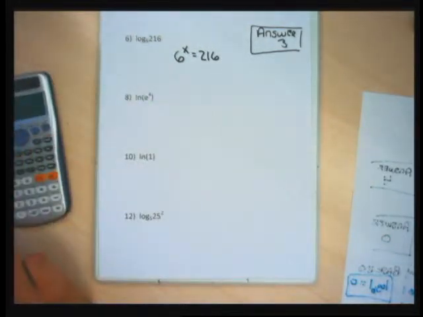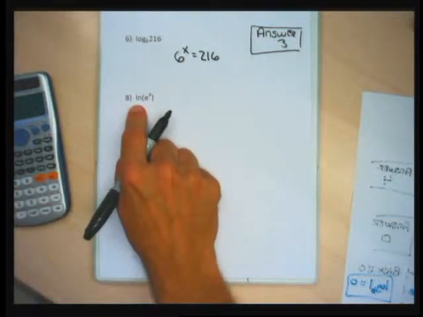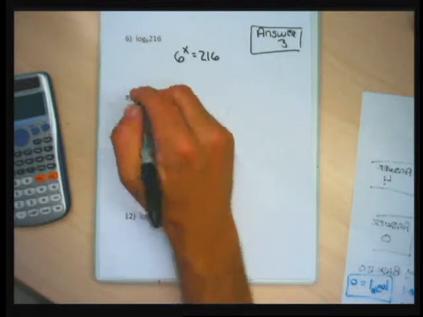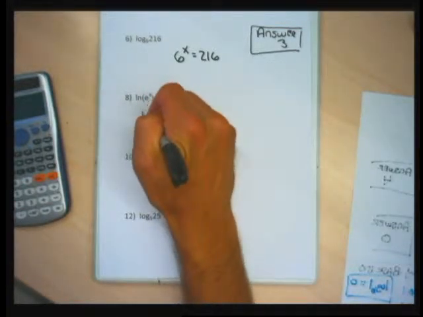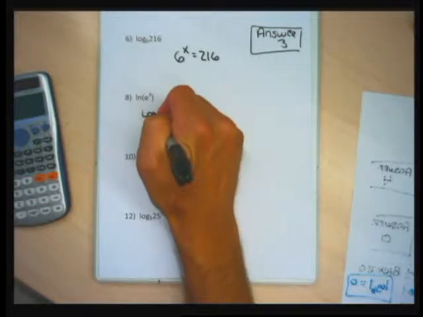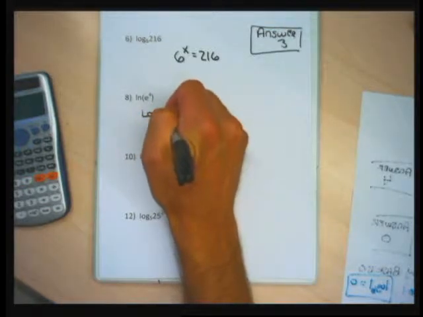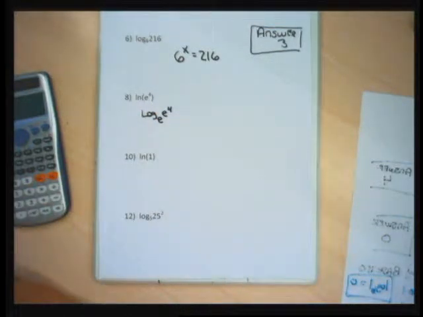If I was doing number 8 by hand, I'd have to think of the problem in its non-shorthand form. ln is a desirable form for writing because it's less to write, but because ln is the same as log base e, if I was trying to figure out what this is by hand, I'd think of this version of the problem because ln and log base e are interchangeable.